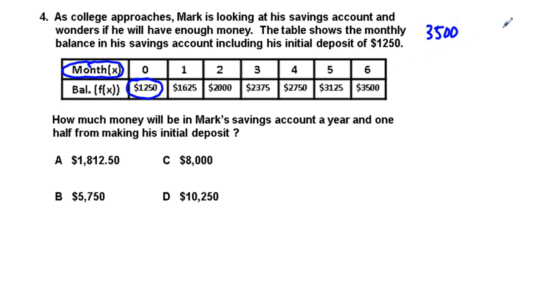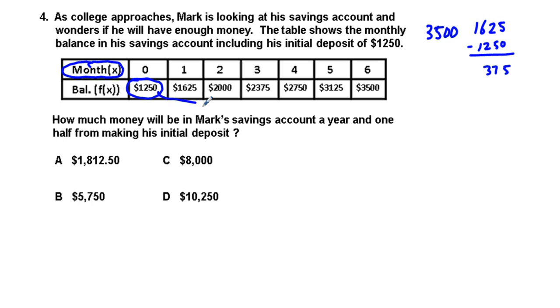And I think it's $375, because you take 1625 and subtract from that 1250, and you're going to get 375.